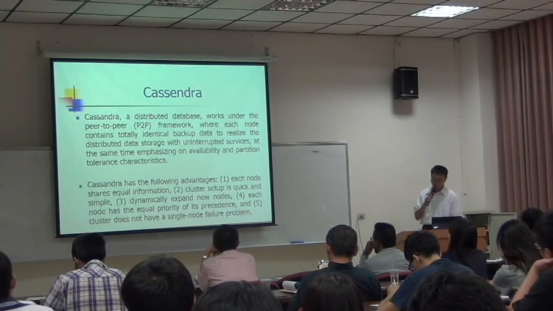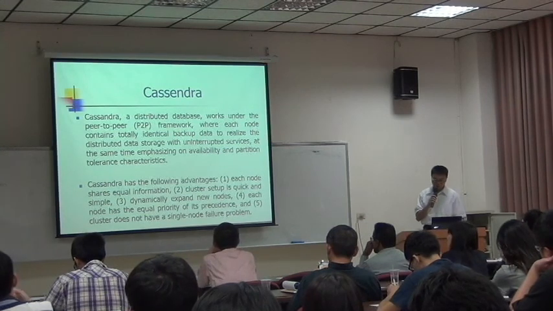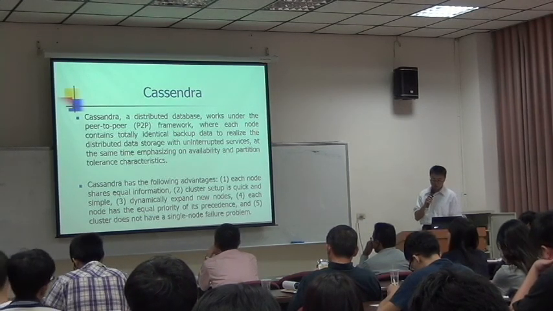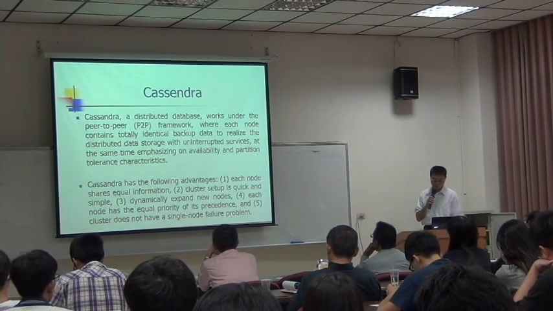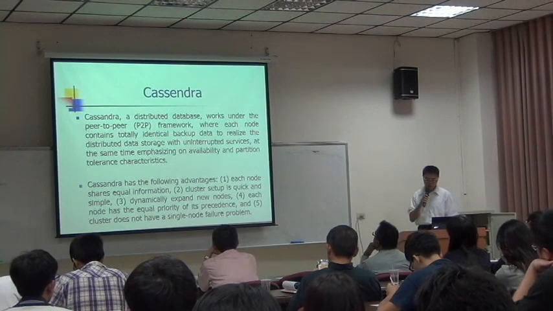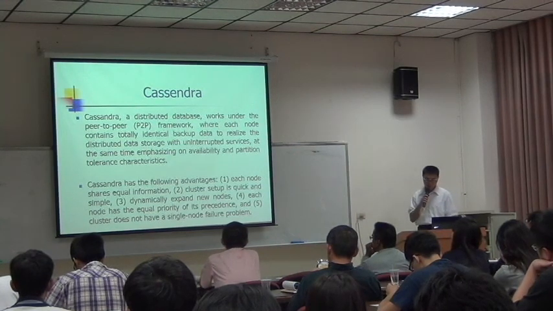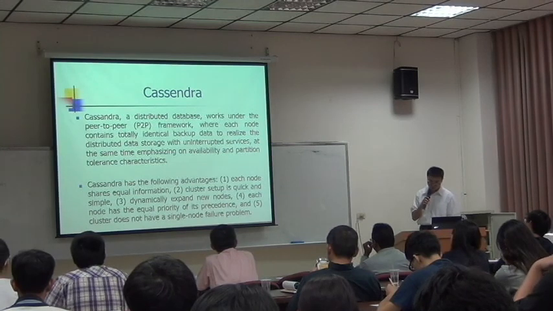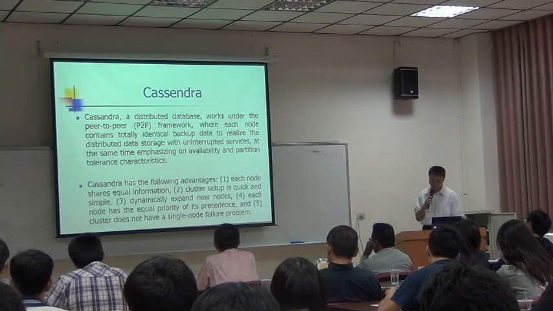Cassandra has the following advantages: each node shares equal information, setup is quick and simple, dynamically expands new nodes, each node has equal priority, and the cluster does not have a single node failure problem.